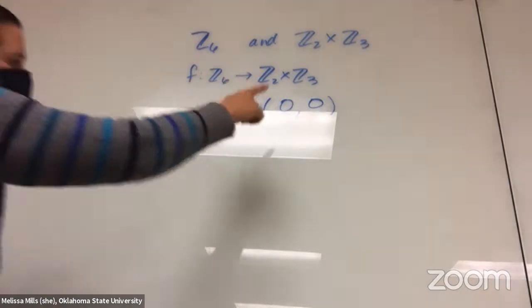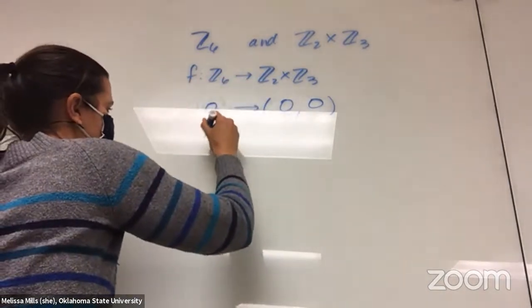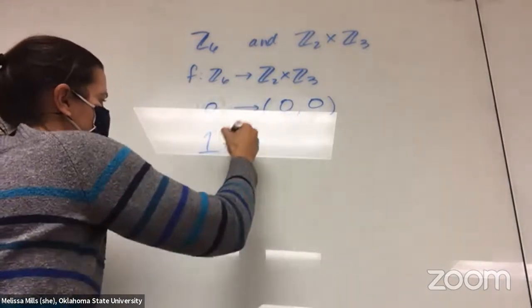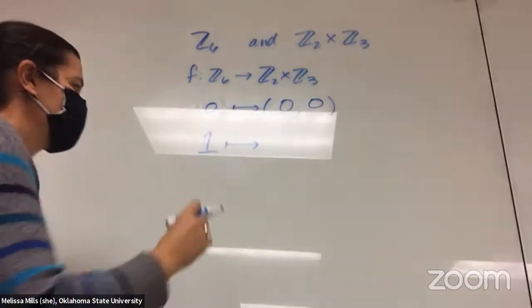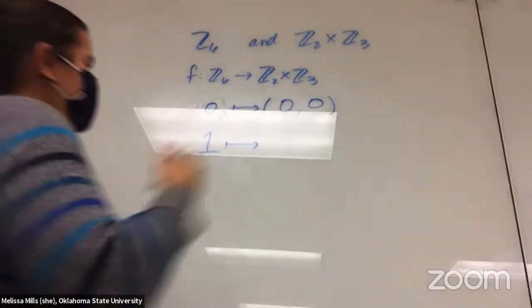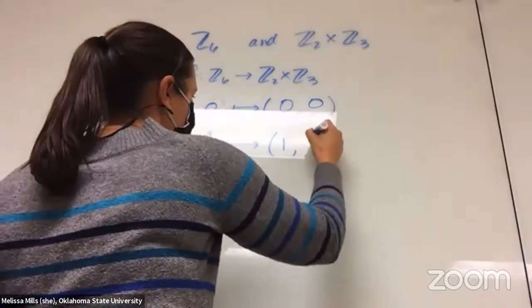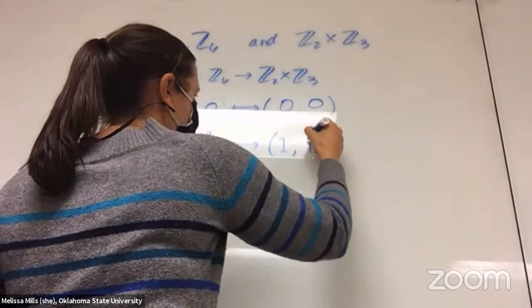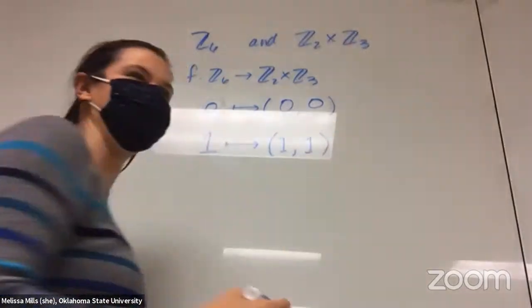So what is the 1 over here? For a second, I think it sounded reasonable that it might be 1, 1. I kind of gave that away, I could have asked you all that.